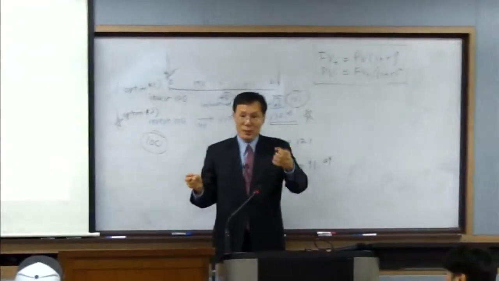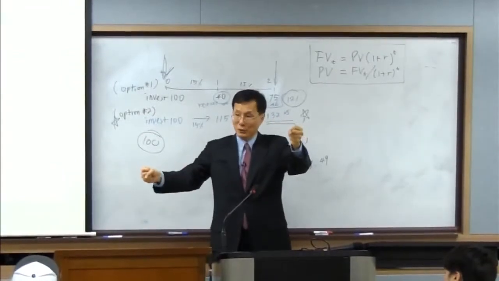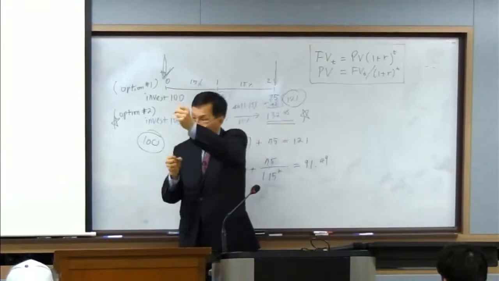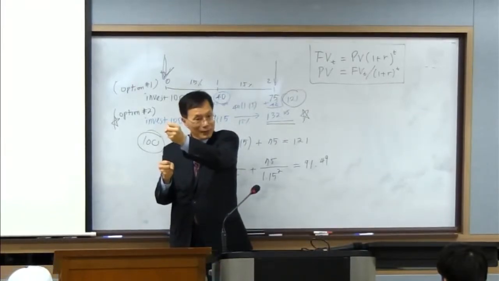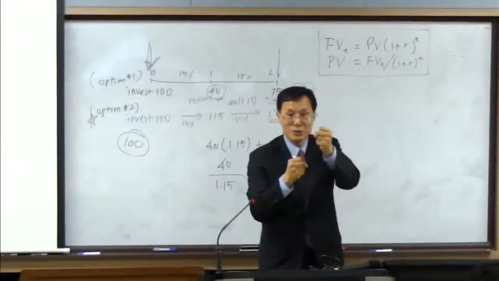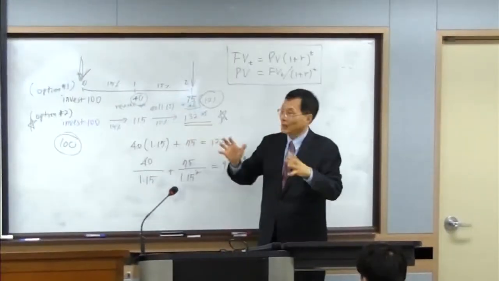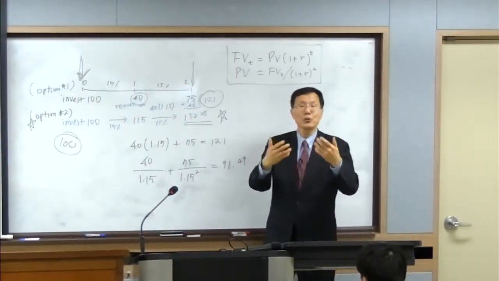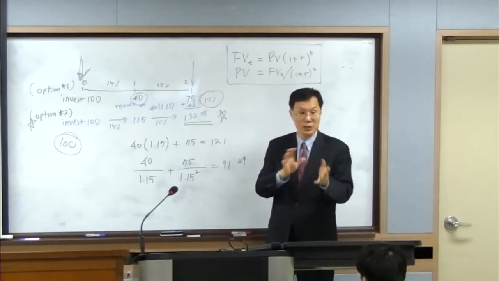Do not compare present value with future value. Okay? Present value with present value, or future value with future value. That's what I'm trying to get at. Okay? This simple example tells you that there are many different ways to interpret this discounting and compounding.